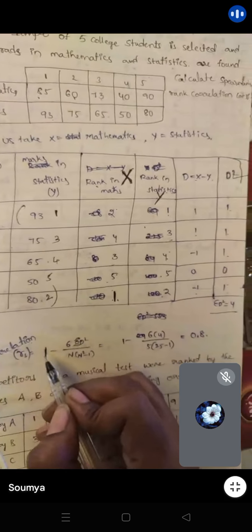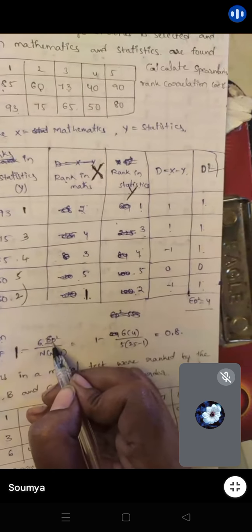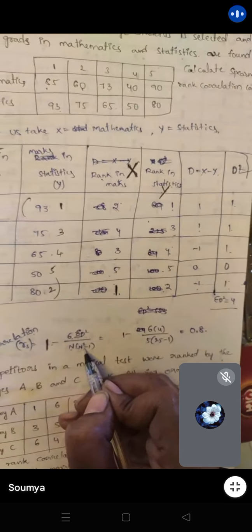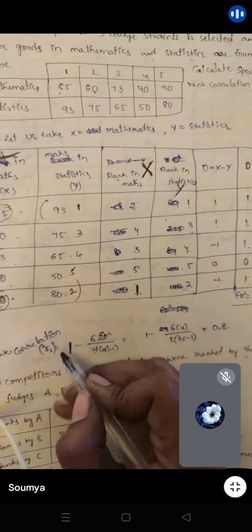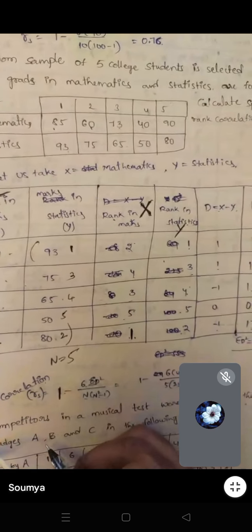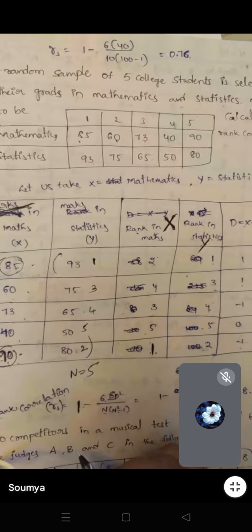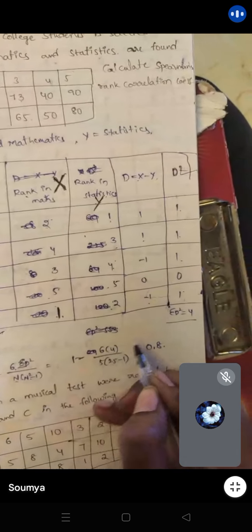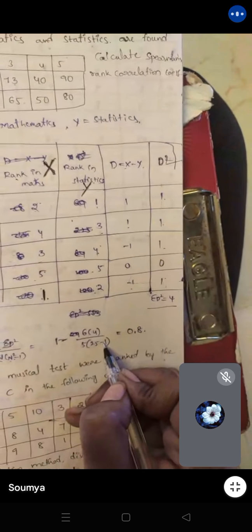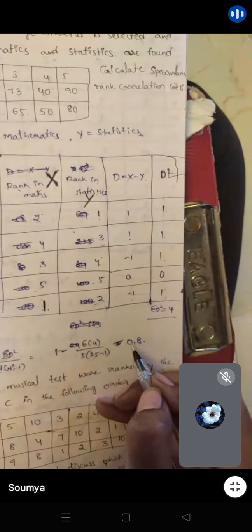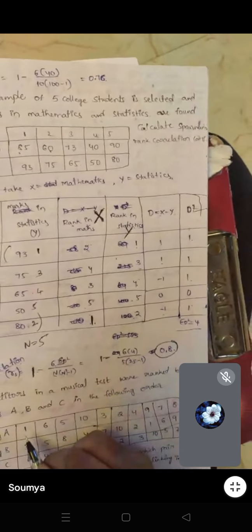The formula for rank correlation is 1 minus 6 into summation d square by n into n square minus 1. How many observations are there? 1, 2, 3, 4, 5. So capital N equals 5. So 1 minus 6 into 4 by 5 into 5 square minus 1. If you use your calculator, you will get 0.8.